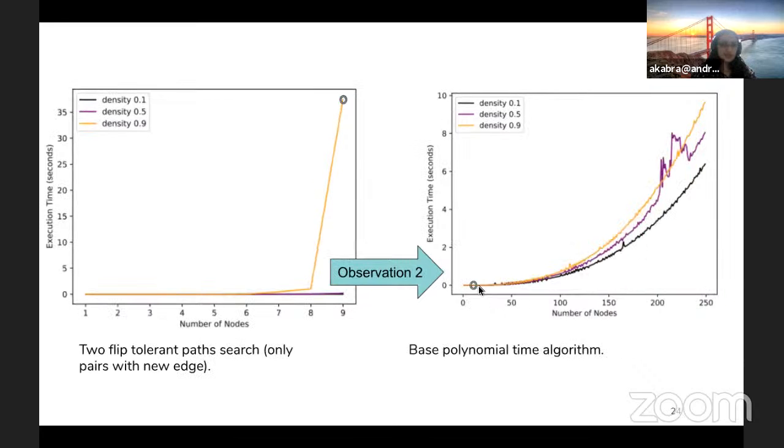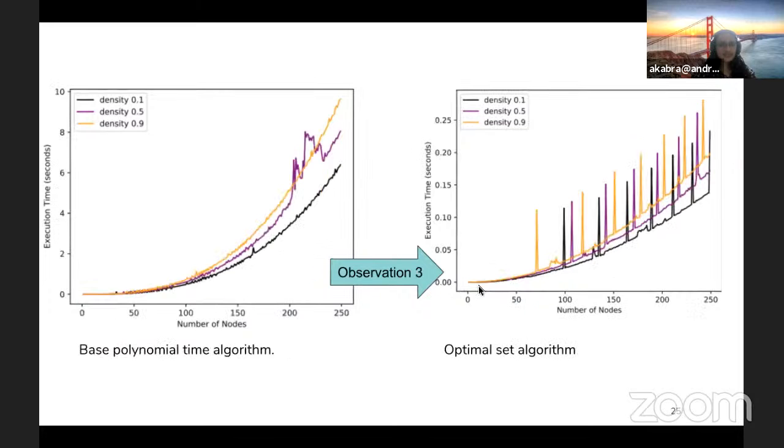Going from the 2-flip tolerant path search to the base polynomial time algorithm, which was observation 2, brought down the execution time by several orders of magnitude. Finally, adding the minimality optimization brought down the average execution time by roughly a factor of 40.